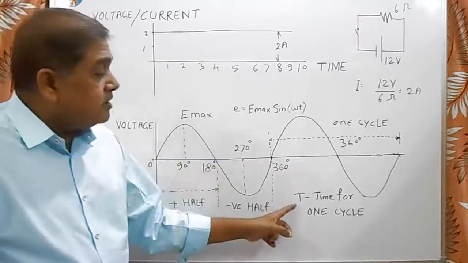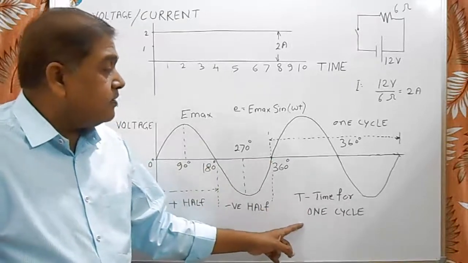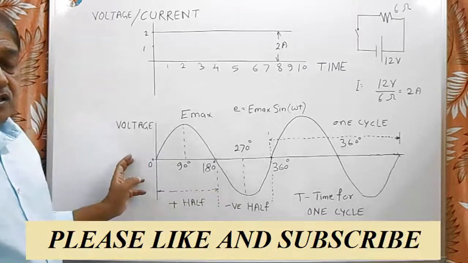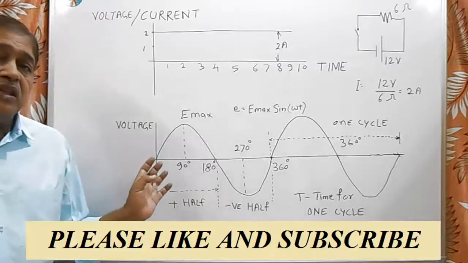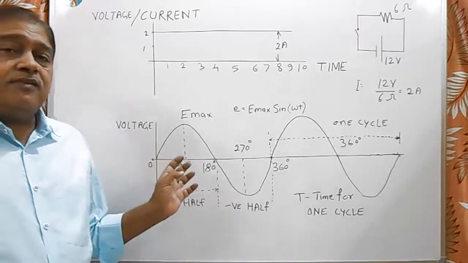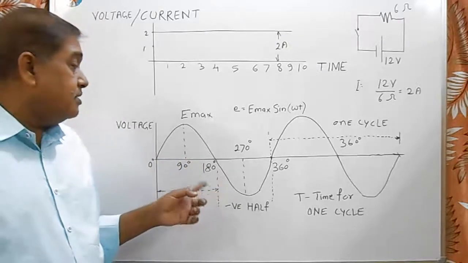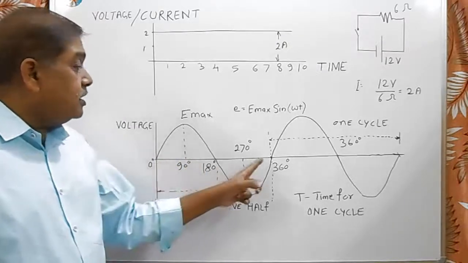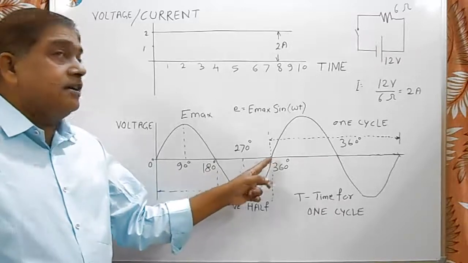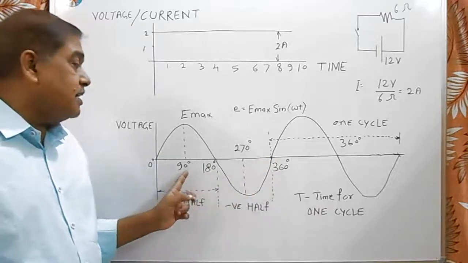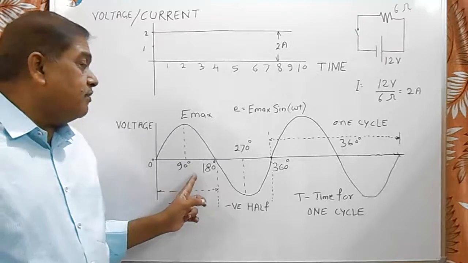The capital T denotes the time for one cycle. In our supply system, the frequency is 50 Hz. In that case, the time period is 20 milliseconds. So from this point to this point, for 360 degree, our supply system takes 20 milliseconds for one cycle.